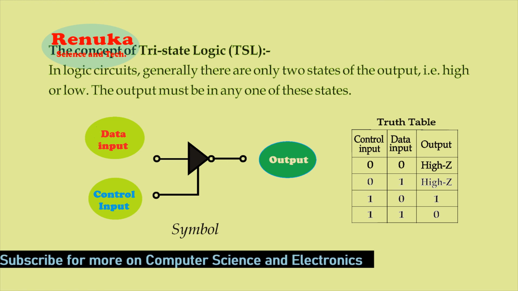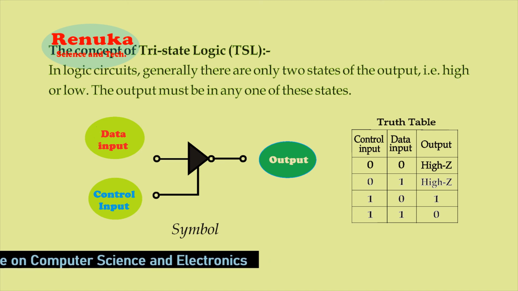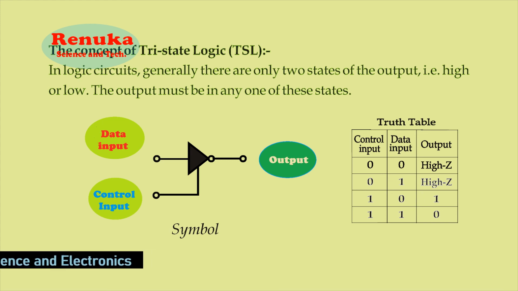Now in the diagram you can see how the symbols of the tri-state logic gate, or inverter gate, or NOT gate, are shown. You can see there is a NOT gate as usual, with a triangle and a bubble shown between input and output. The input A is connected like a NOT gate's input, with the bubble at the output, and one additional input, which is called the control input, is connected here.